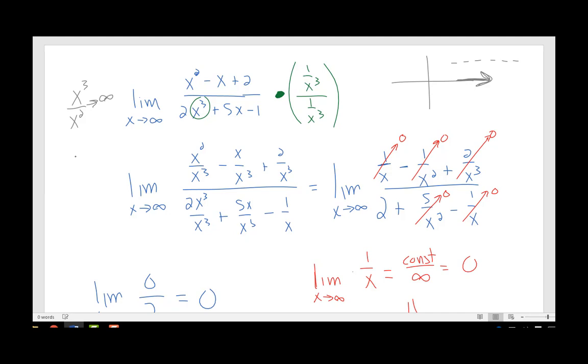And then we usually had a rule that said if the degrees are the same, let's say we had 2x cubed over 5x cubed, as x goes to infinity, these x cubes cancel algebraically and we get 2/5. So I'm talking a little fast here with some review. In an algebra course, we would look at a rational function and just compare numerator degree to denominator degree.